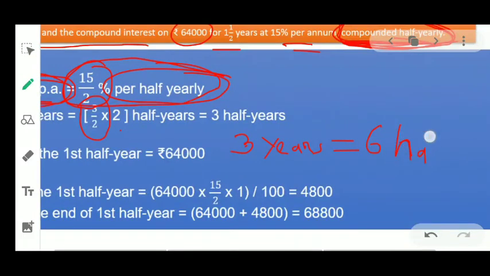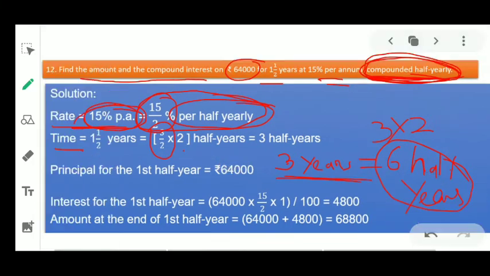Yes or no? 3 years can be written as 6 half years, that is 3 into 2. Here I have written the time is 1 1/2 years, that is 3 by 2 into 2 half years. So this 2 will be cancelled here. So 1.5 years equals 3 half years.